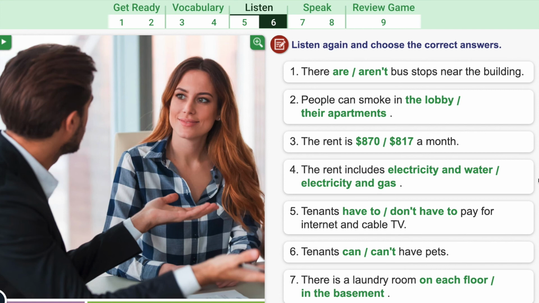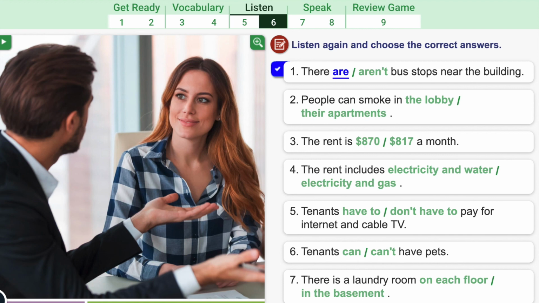Now it's time to choose our answers. Once again, let's go through and show the correct answers. For number 1, there are or aren't bus stops near the building. In this case, there are.